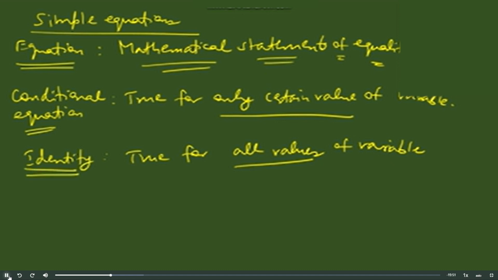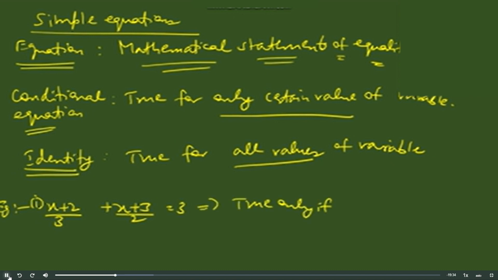For example, (x+2)/3 + (x+3)/2 = 3. If I take this equation, this is true only if x is equal to 1. So it is called a conditional equation.